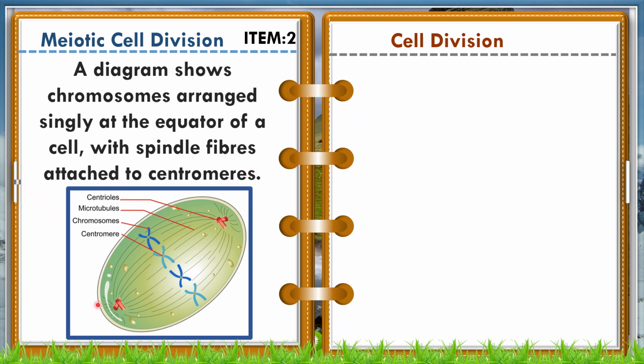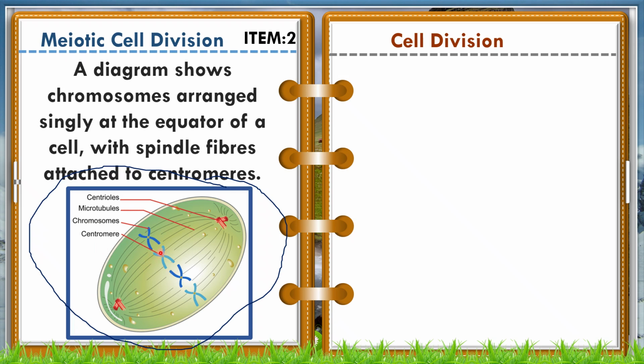So we are having here our cell. When you look at this cell, you will see that each chromosome here is attaching itself on its own spindle.